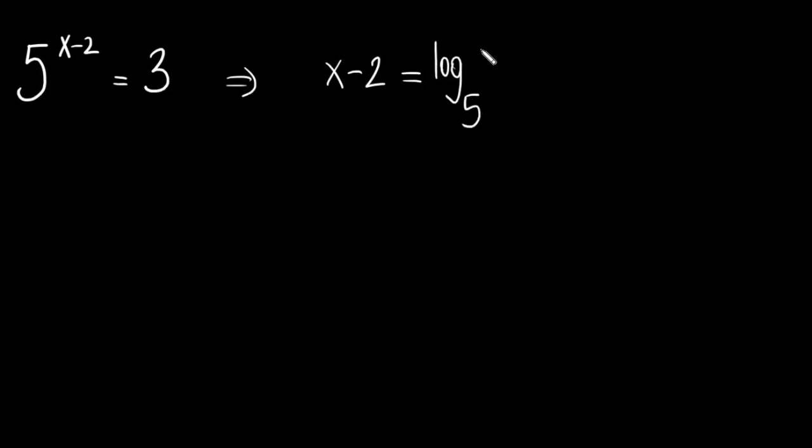Then we can add 2 to both sides, so negative 2 and positive 2 cancel out, and we are left with x equals log base 5 of 3 plus 2.